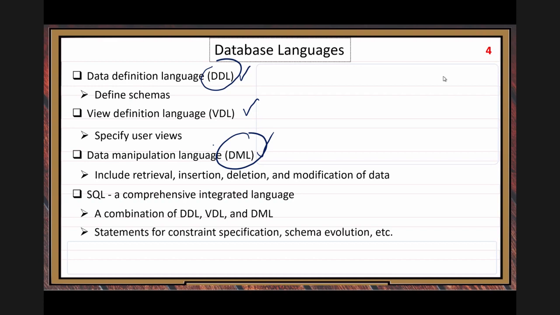Statements for constraint specification and schema evolution too. With SQL, we can do so many things. Question: for VDL, what do you mean by specifying views? Like the select statements and the view that we see if we do a query?